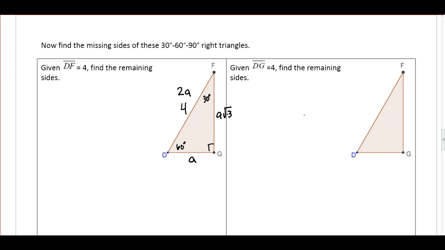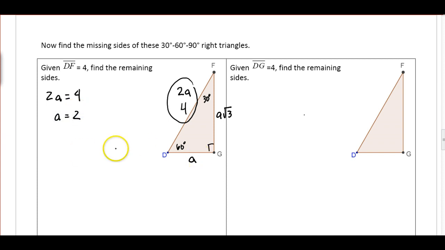So every 30, 60, 90, we can always label the sides like this. So now if you notice, over here, the hypotenuse has 2 values. So since we have 2 different values for the same thing, we know that these have to be equal. So that means that 2a has to equal 4, and then I could solve this for a to get that a is 2.